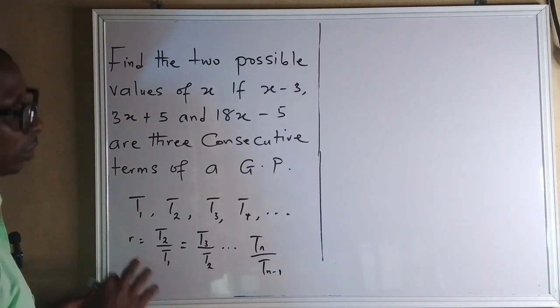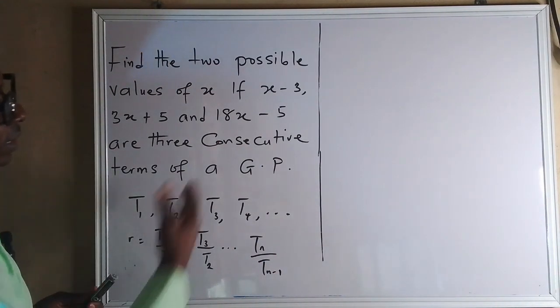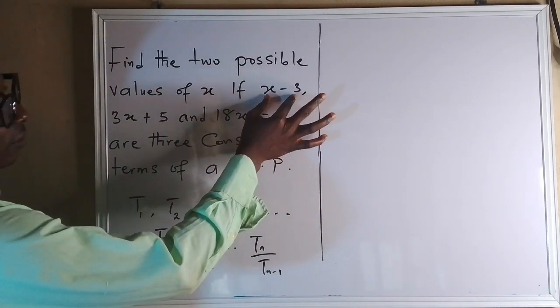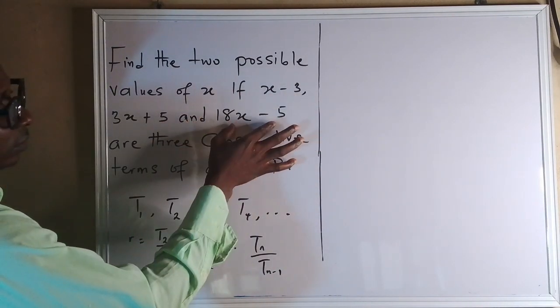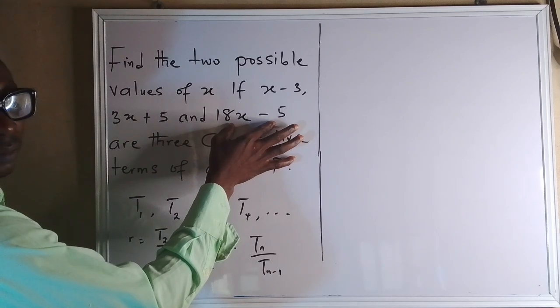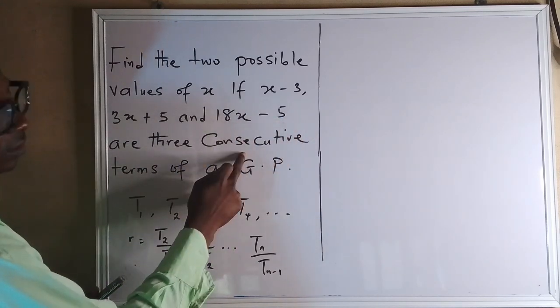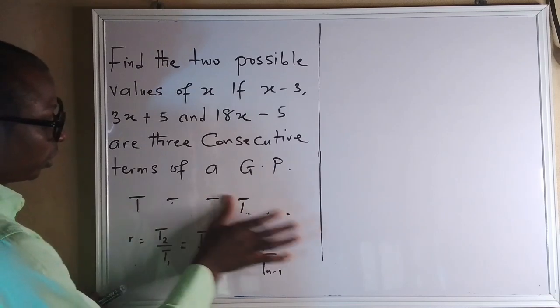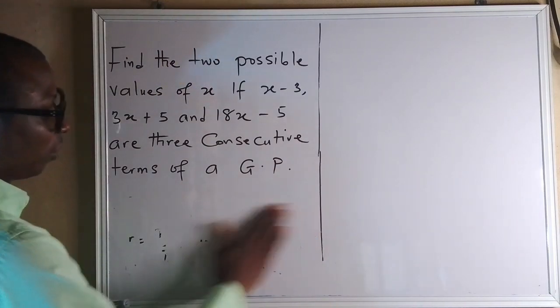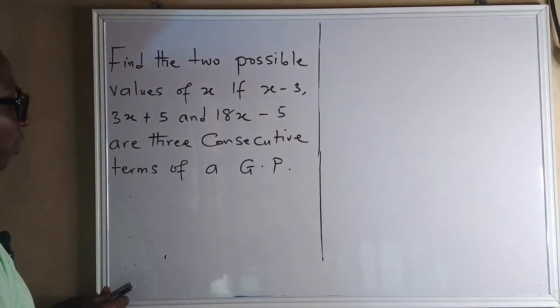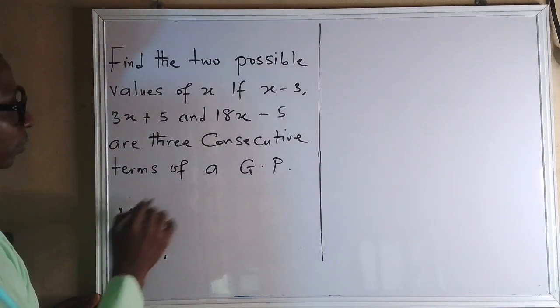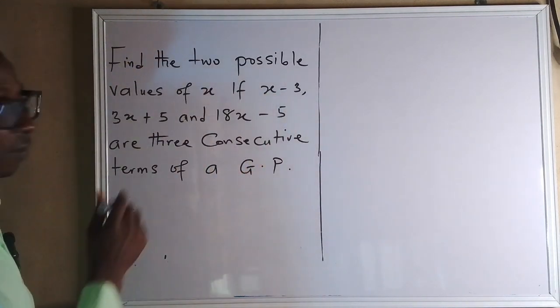All right. So now we are going to implement that here. Now this is our first term, second term, the third term, since they are consecutive terms of a geometric progression. So in this case now, the common ratio R is the second term divided by the first term.